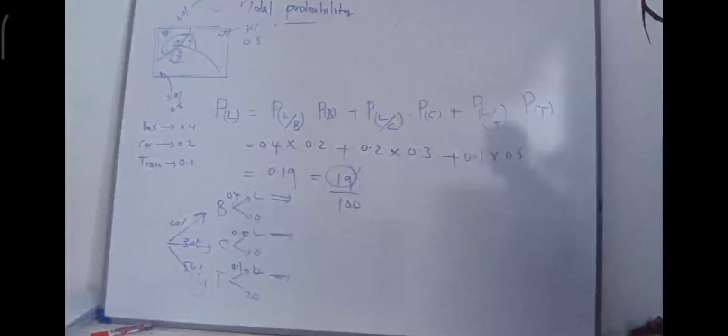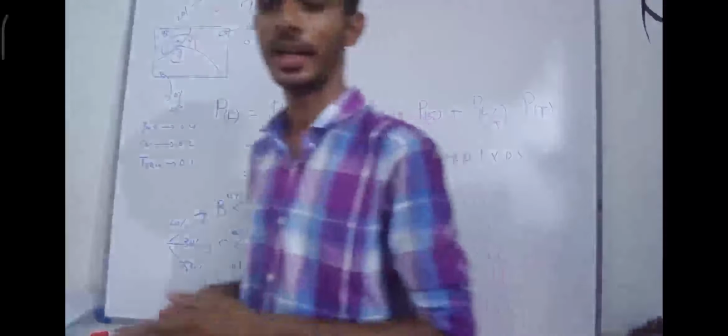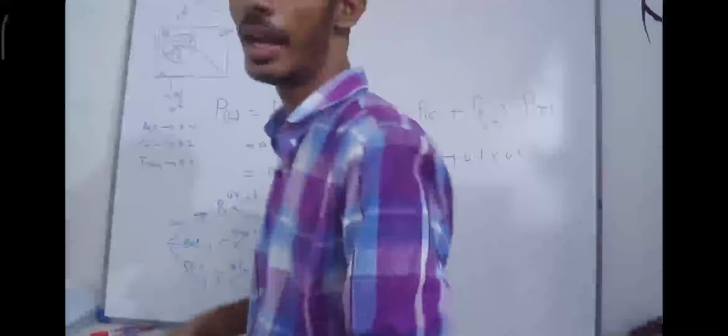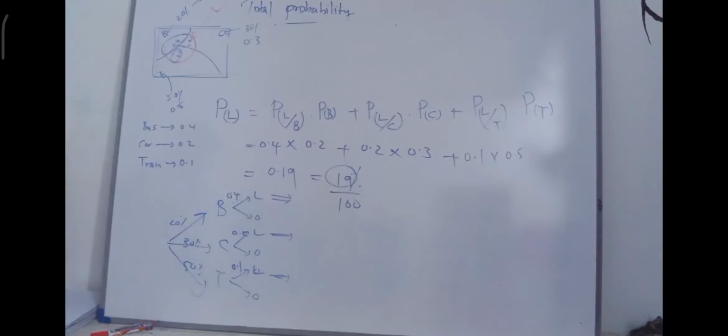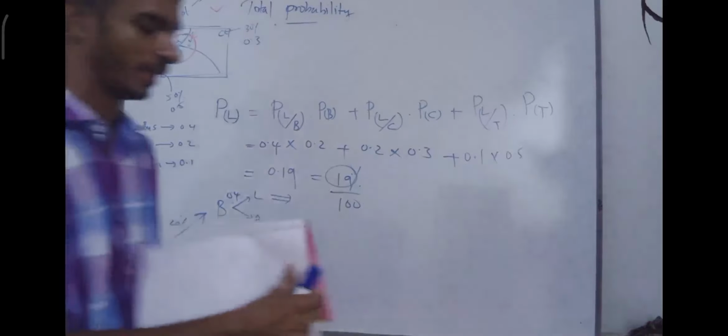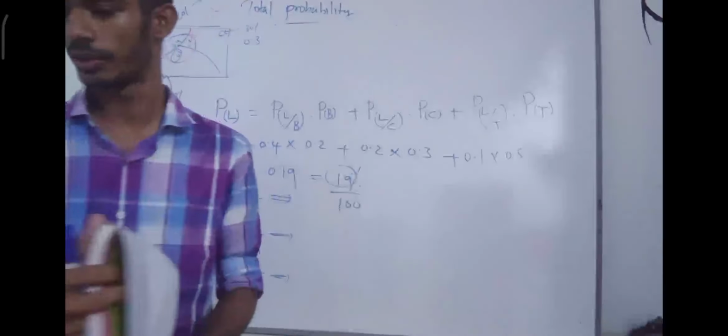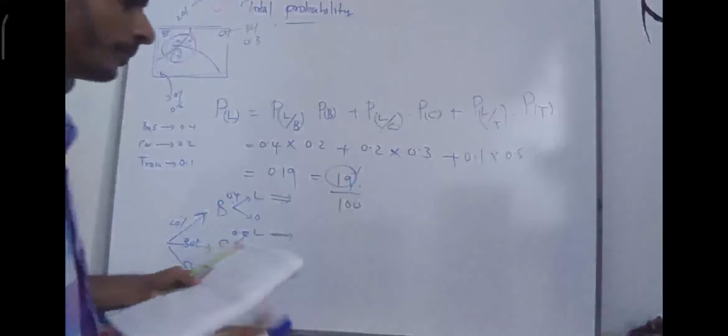So I have explained the total probability and I have done two examples over here, and I will directly move to the past paper questions held in 2019. I have my past paper book with me, so let me read the question and explain.